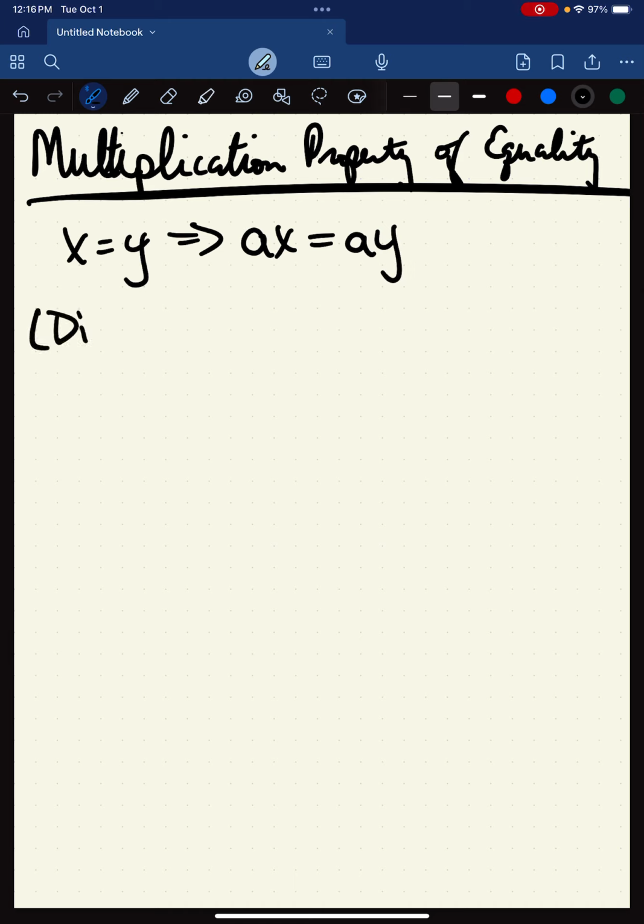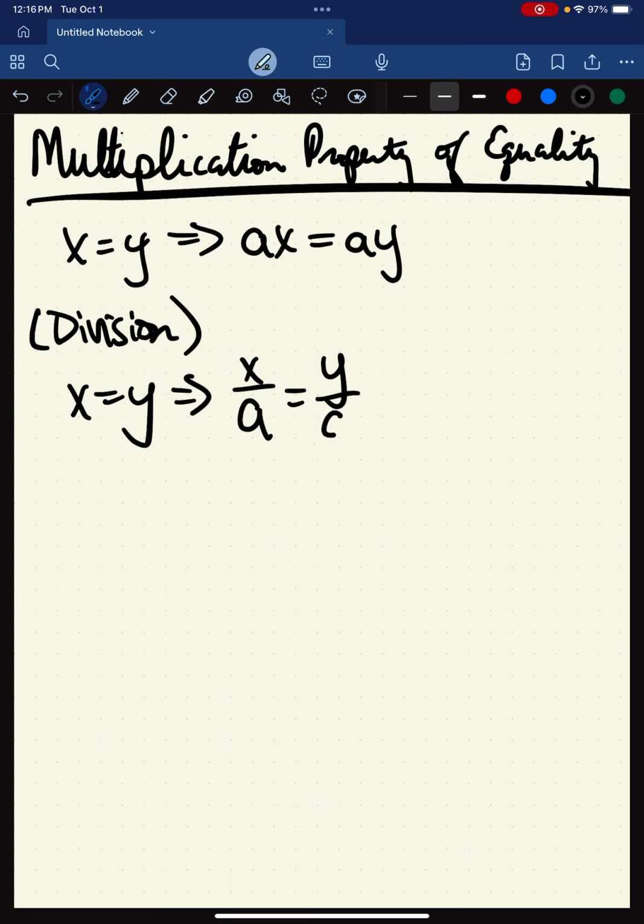And likewise for division. Remember, division is just pretty much the inverse of multiplication. If x is equal to y, then x divided by a is equal to y divided by a, provided that a is not 0.